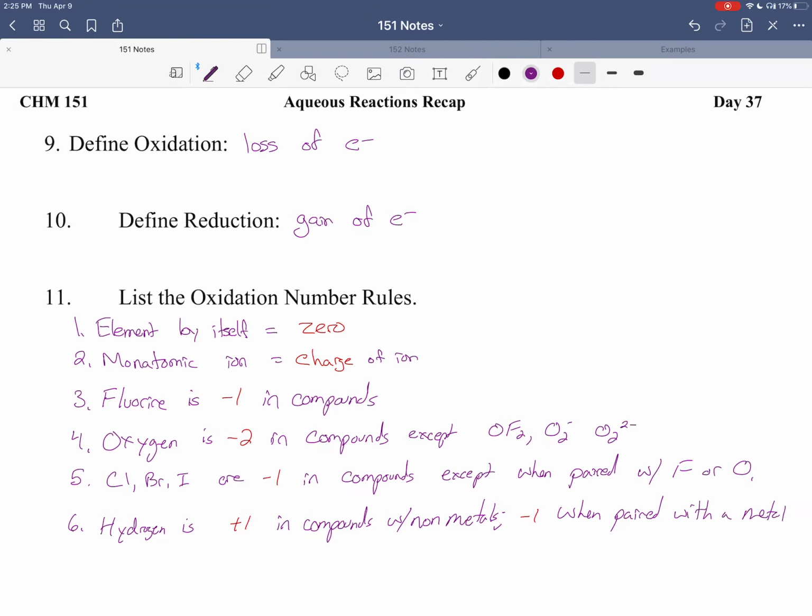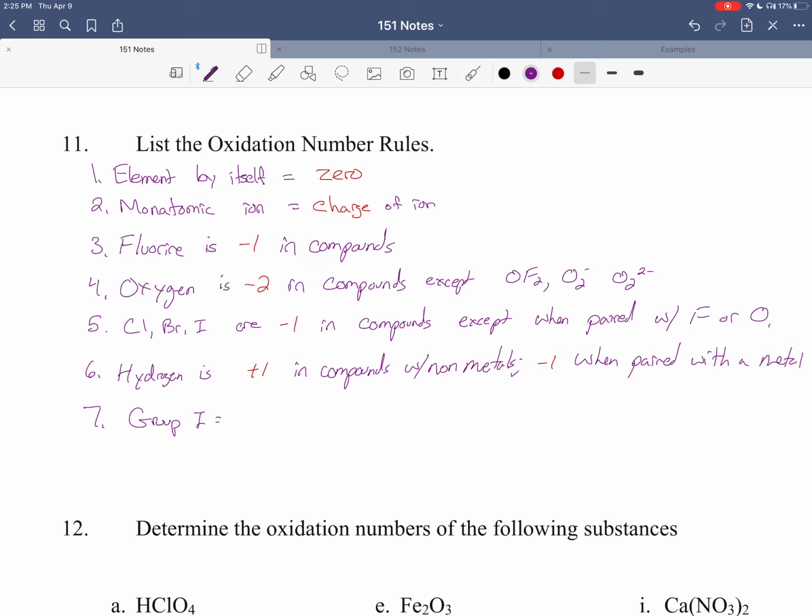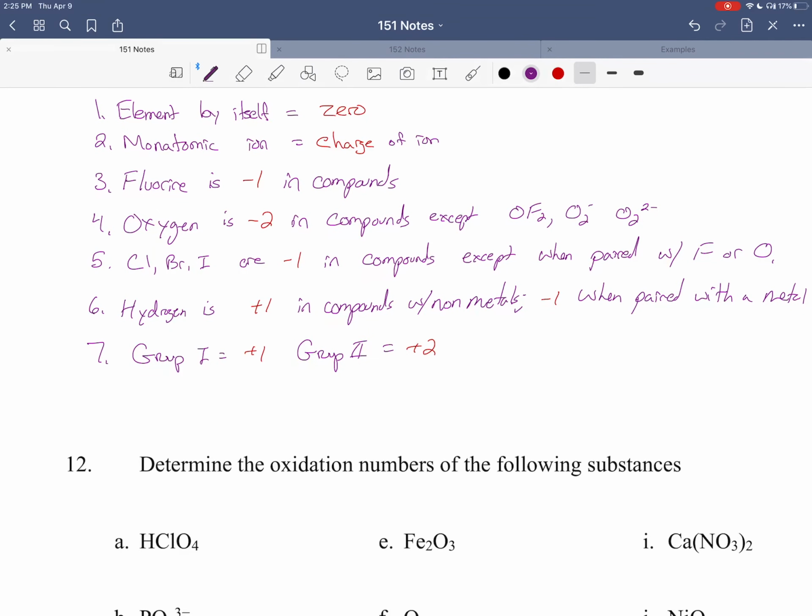And finally, number 7, group 1 is +1, group 2 is +2 in compounds, always. So those are your 7 rules, all right? And again, if it's not in the rules, the more electronegative atom usually gets the preferred charge.